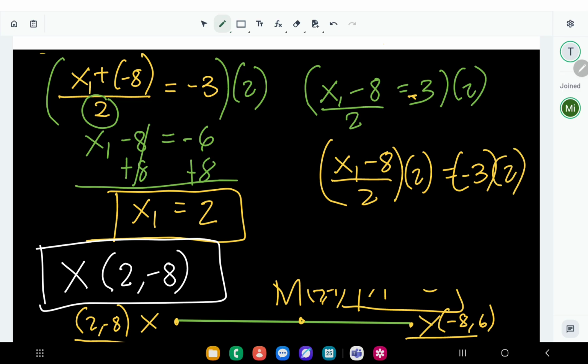It's supposed to be like that. But I just put a parenthesis for the whole expression or the whole equation. But actually, you multiply 2 to both sides. So whatever you do on the right, you also do on the left. Alright?